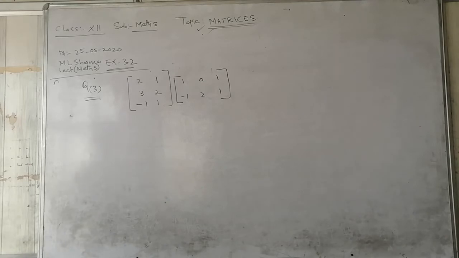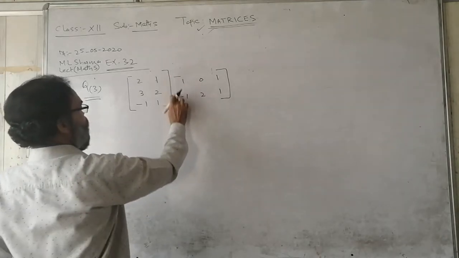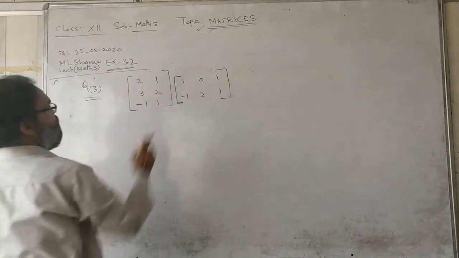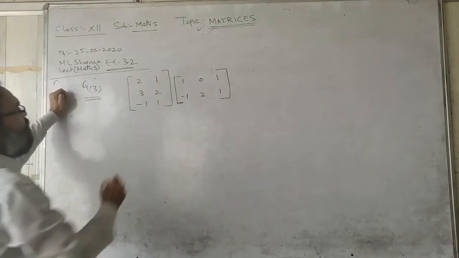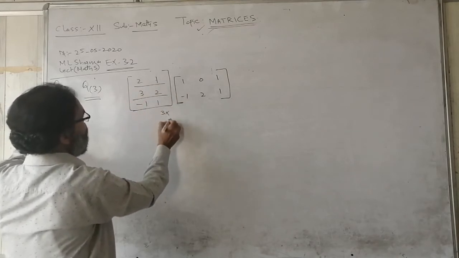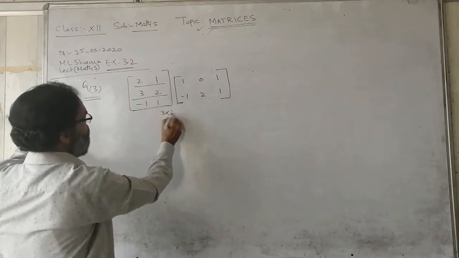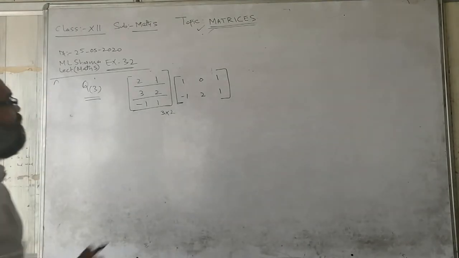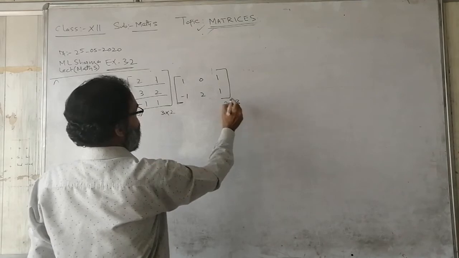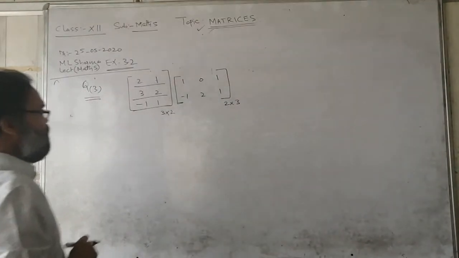Here we have to see, the first matrix has 3 rows and 2 columns, it is 3 by 2, and the second matrix has 2 rows and 3 columns.